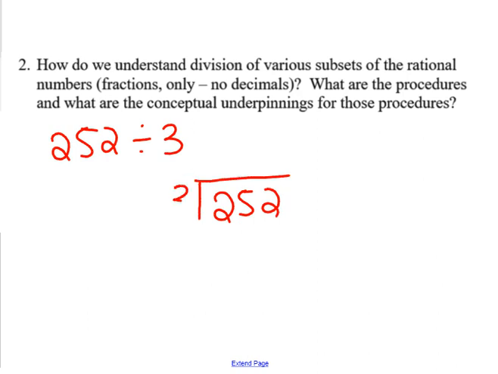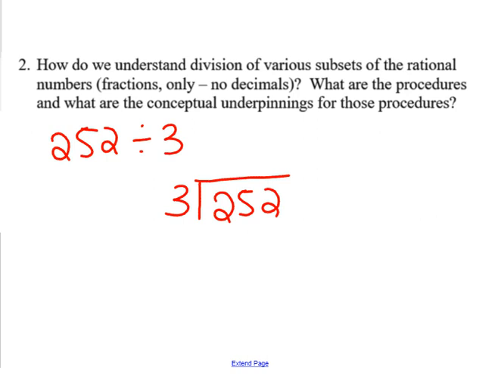So I'm going to do 252 divided by 3. I'm going to write it like this because I'm going to show you guys how addition, subtraction, and multiplication and division are all related. So hopefully all of you guys know your multiplication tables. There are various ways you can solve this problem, but I like this way because it breaks down large numbers. So let's do this. We're going to find out how many times 3 goes into 252.